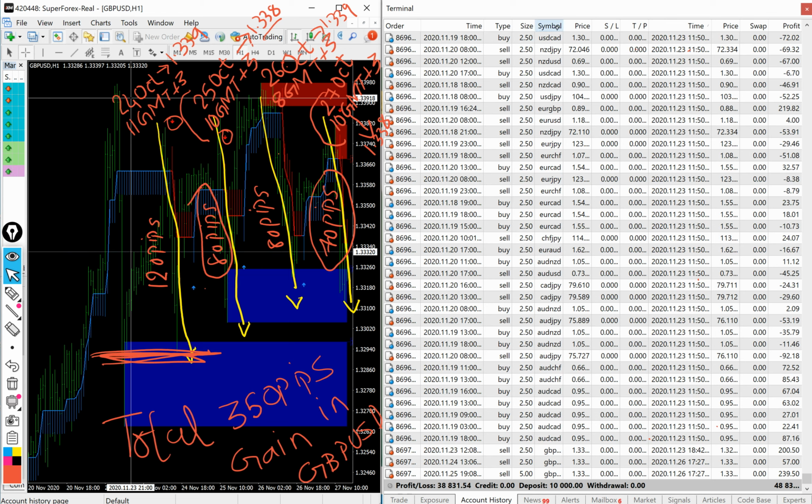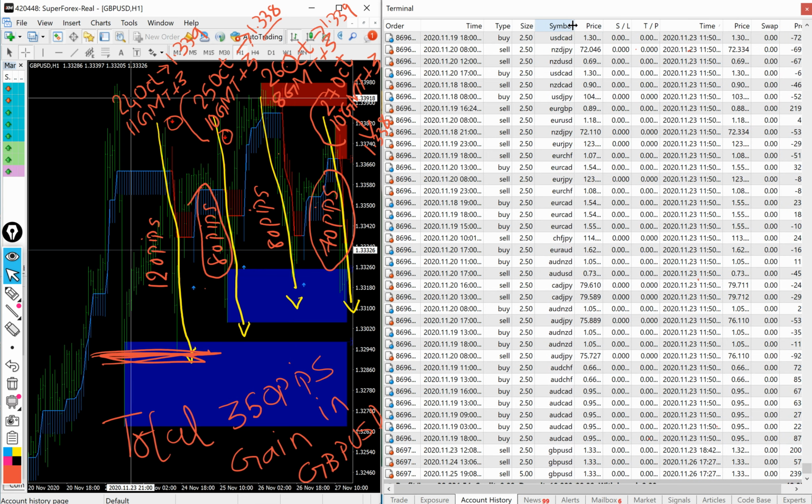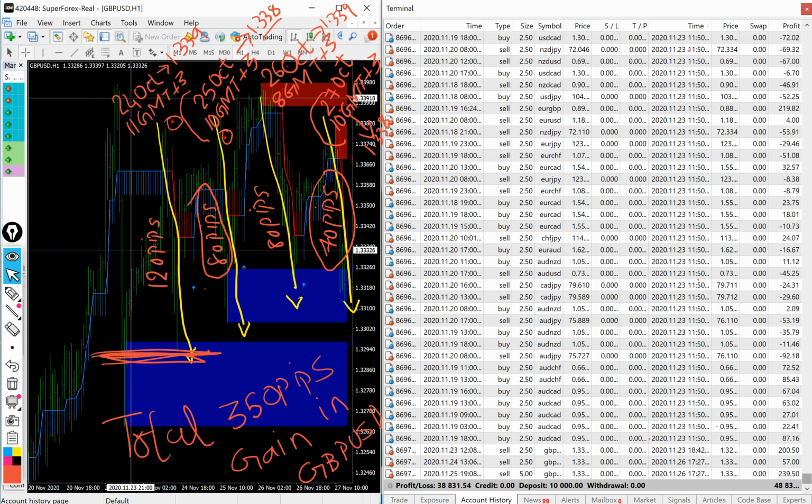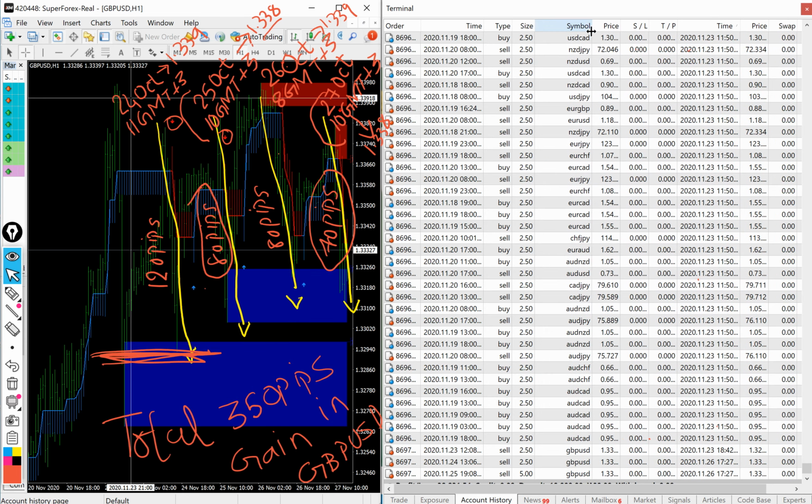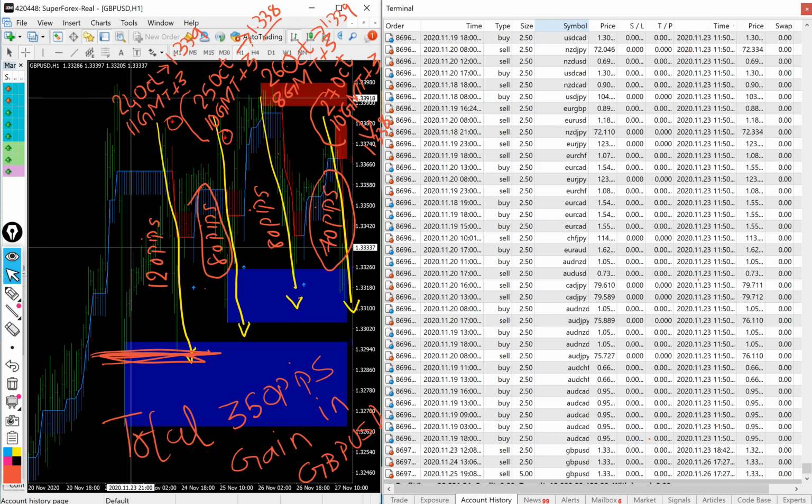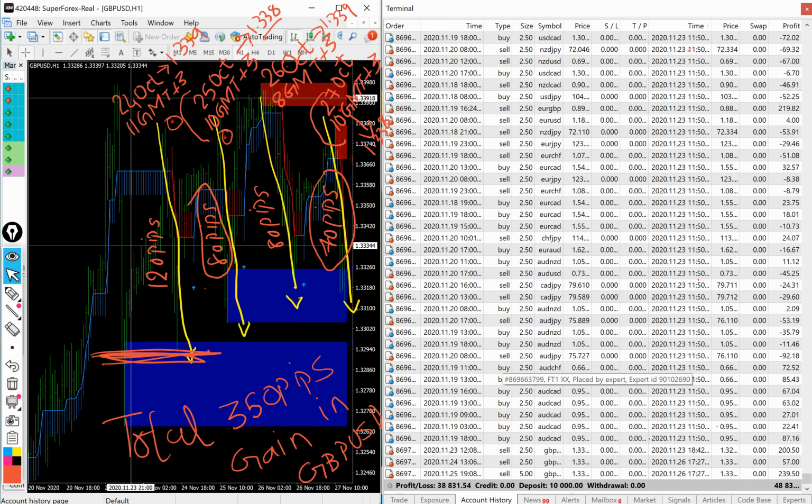I'm increasing the size of the symbol and you just see the last 3 trades on this account, which are all on GBP USD. Now check the time.